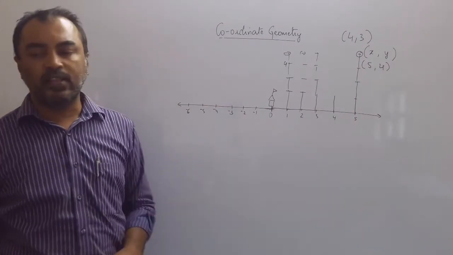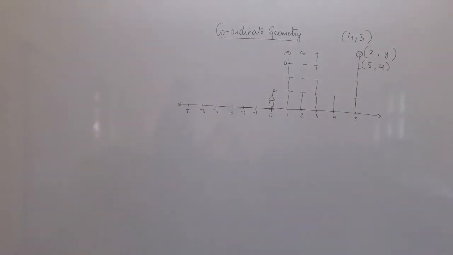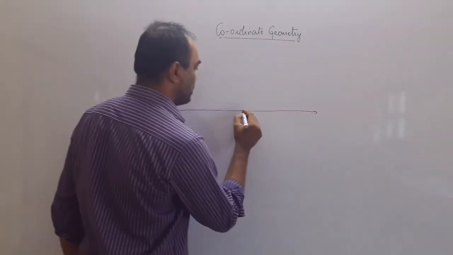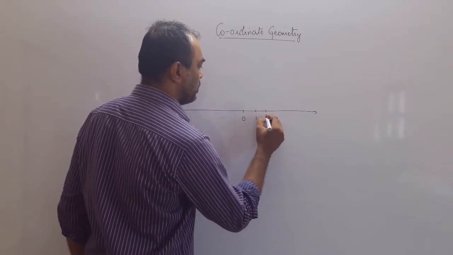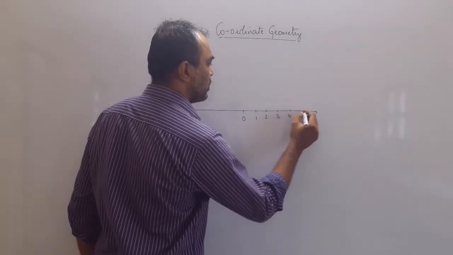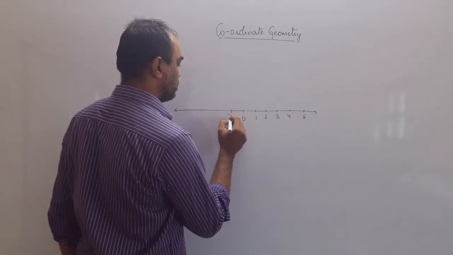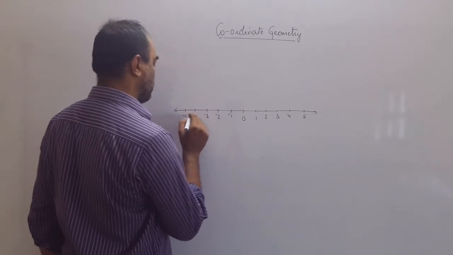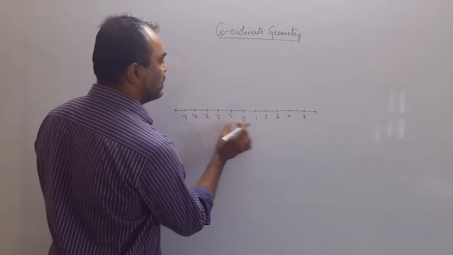So this is what we did in the 9th standard. This is a mere basic revision. So we have a horizontal number line with the center point as the origin, numbers to the right, numbers to the left. You can see there is a difference of one step only.